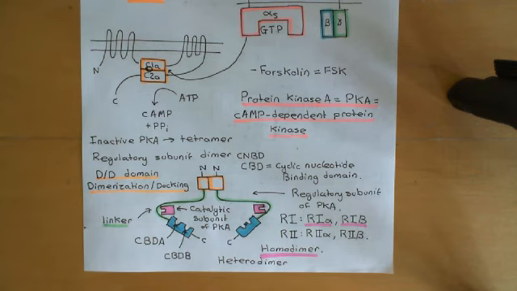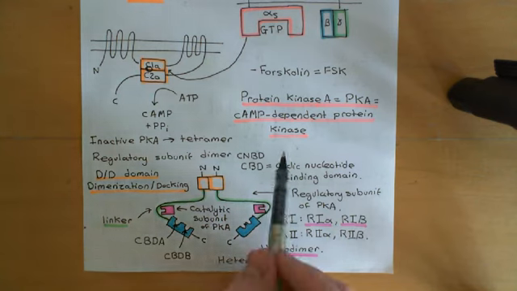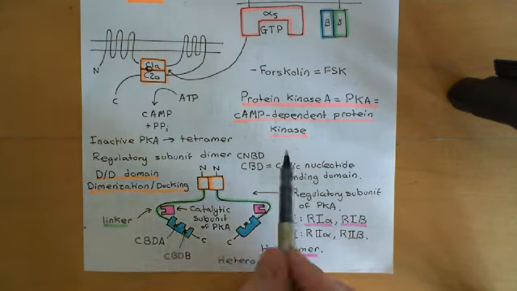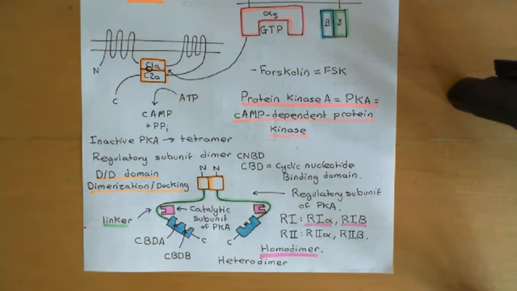But when they are bound to the regulatory subunits, they're not capable of doing anything. These are completely and utterly inactive. So this is the full inactive protein kinase A tetramer. We have two regulatory subunits of protein kinase A sequestering off two catalytic subunits, keeping them inactive, stopping them from being able to phosphorylate serine or threonine residues within proteins.